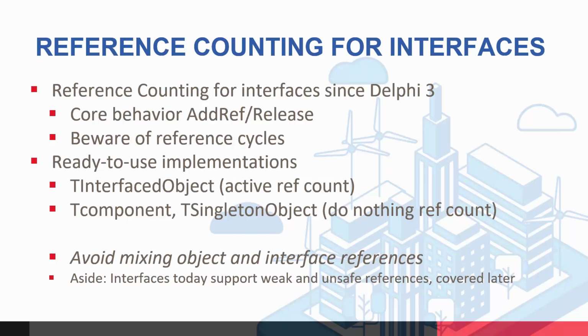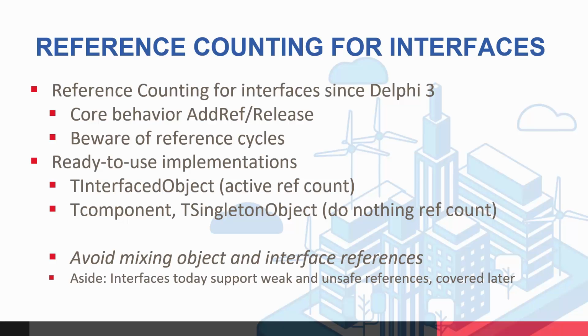There are different implementations that are available. The interfaced object is a good one, has an active reference count, meaning whenever you call addref, the reference count is increased. Whenever you call release, it's decreased. If it goes to 0, the object is effectively destroyed. But for example, TComponent implements interfaces and implements addref and release by ignoring them. So it's really a do nothing. And so I think the singleton object, which is kind of a misnomer, again, has no reference count.